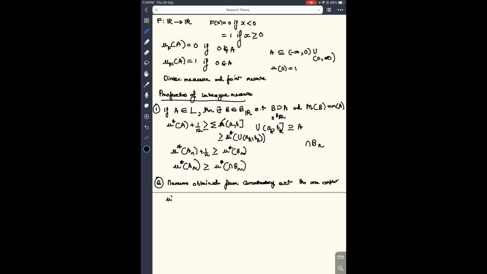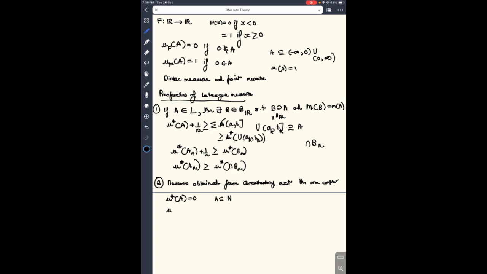What I mean is that if mu star of A is 0, suppose N is a null set in the sigma algebra generated by mu star measurable sets, then if N is a subset of A, then mu star of N must be 0.